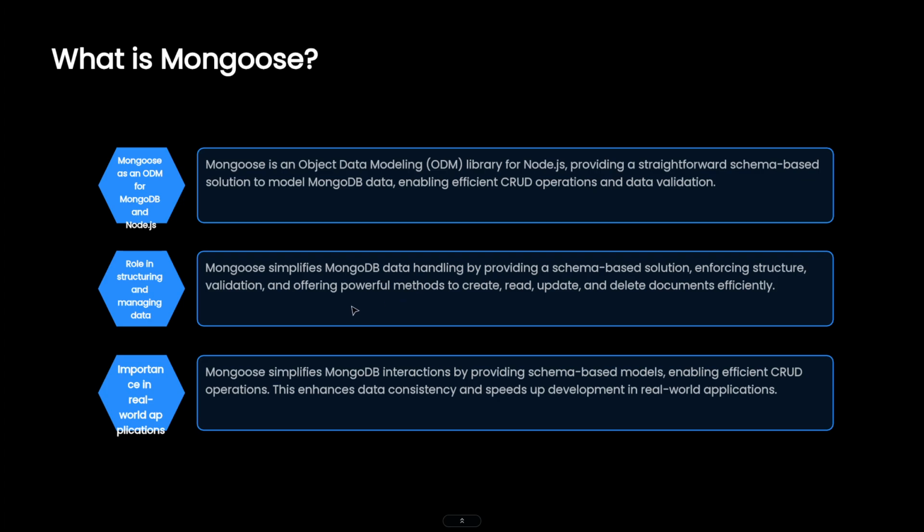The data will be consistent and development speeds up in real-world applications. That means there are no errors, and accuracy is the main thing in this Mongoose system.